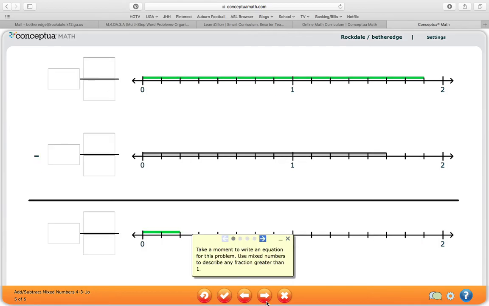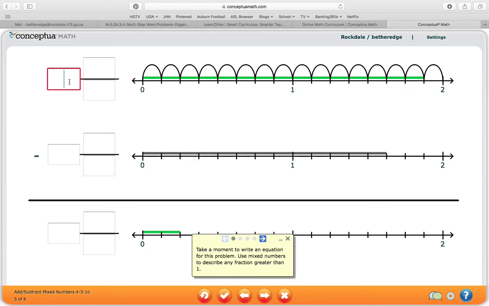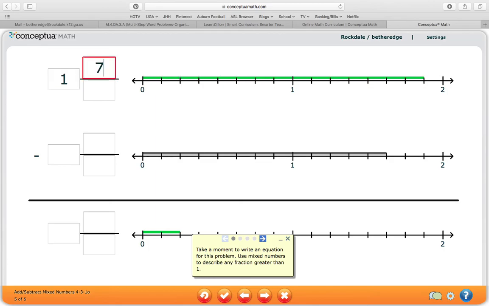So now let's label it. Okay, let's look here. How many wholes were filled out on my number line? From 0 to 1, but not all the way to 2. So that's 1 whole. And if I go between 1 and 2, not all of them are filled out, but 1, 2, 3, 4, 5, 6, 7 out of 8 sections in that number line.